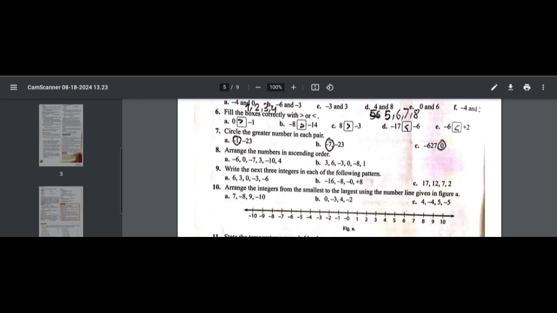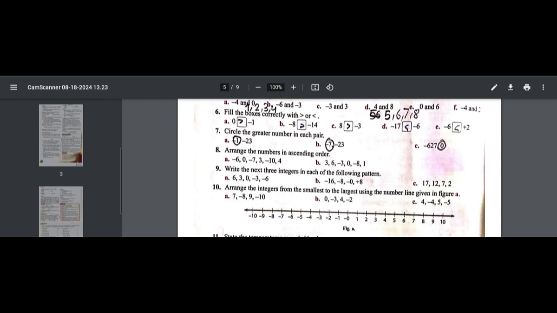Okay. So for the first one, 7, -8, 9 and -10. Arrange. It will start from -10, -8, 0, 7 and 9.